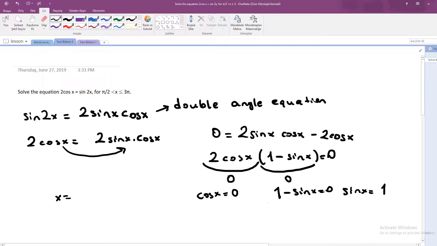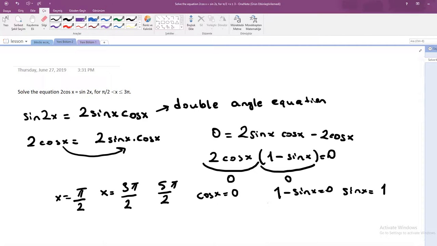For x, we can say if x equals pi over 2, it is 0. I will explain in just a minute why that is. 3 pi over 2 and 5 pi over 2.